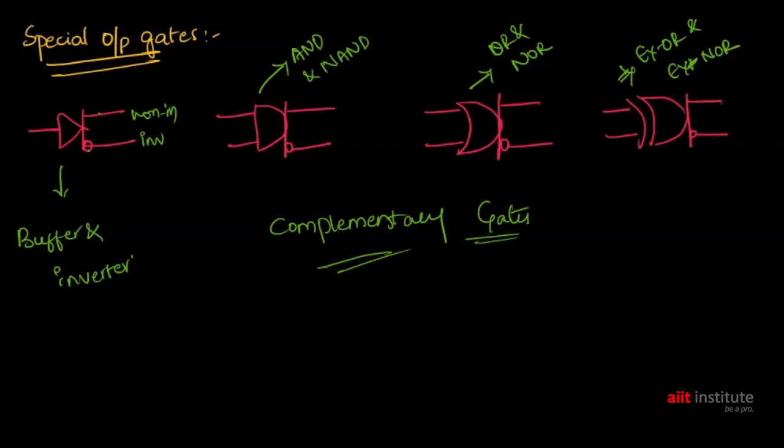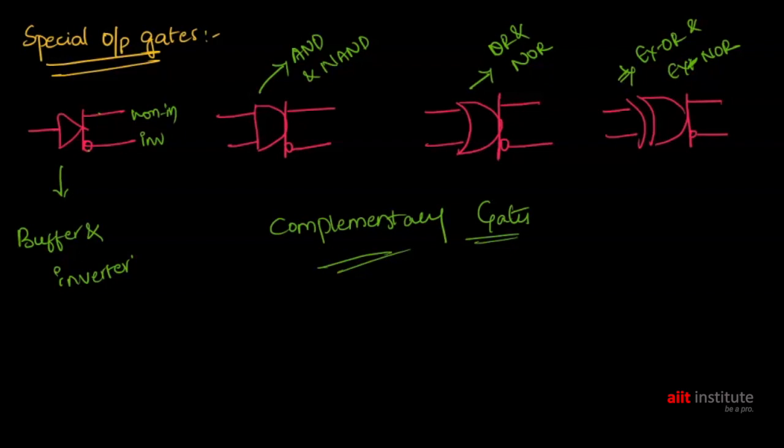So these are used mainly where the area is a prime factor, and also in places where you cannot add an extra inverter because of the propagation delay, the time delay that the input goes to the inverter, it gives the output and it goes to the main device. In such scenarios only these complementary gates are used.